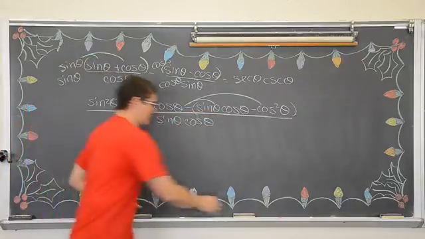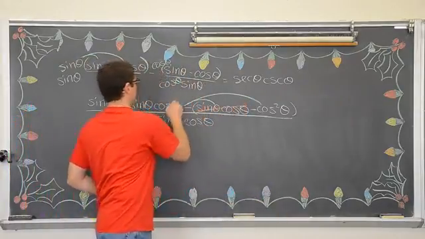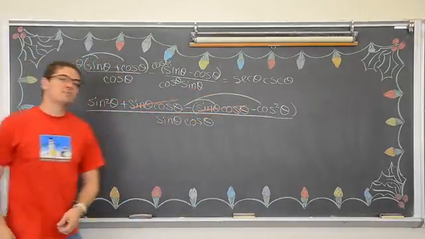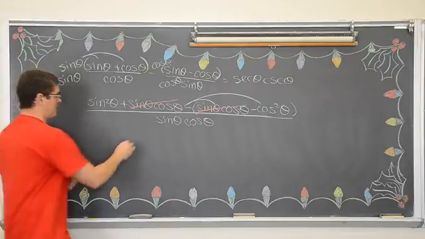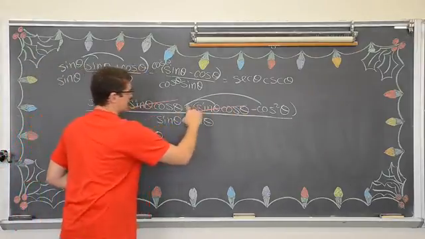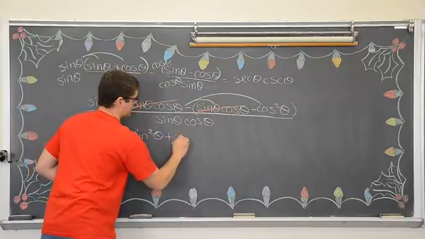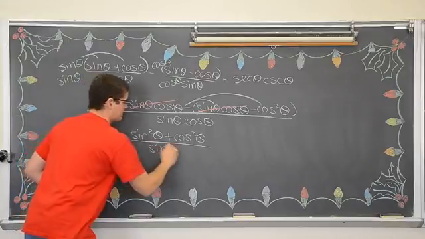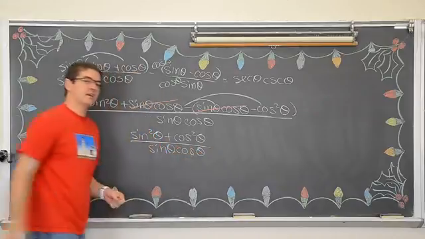So those are going to cancel out. And we have a negative times a negative, which is positive. So our next line is going to be sine squared theta. Negative times negative is positive, so plus cosine squared theta over sine theta cosine theta.